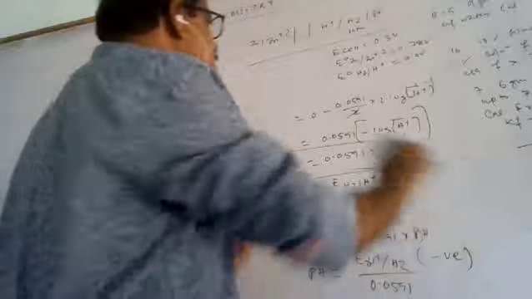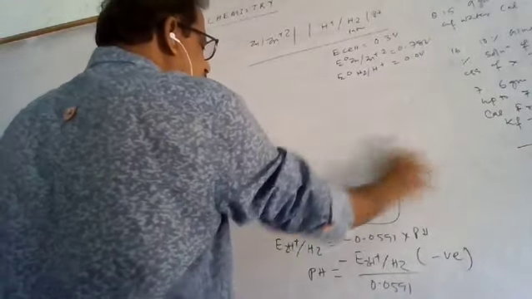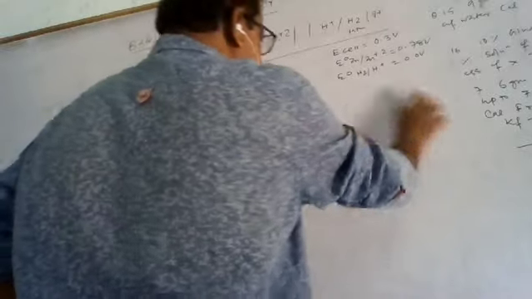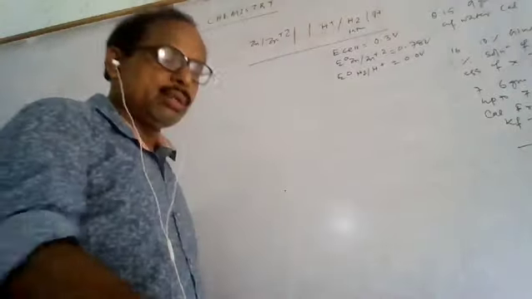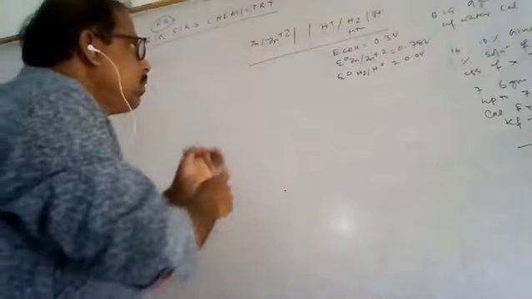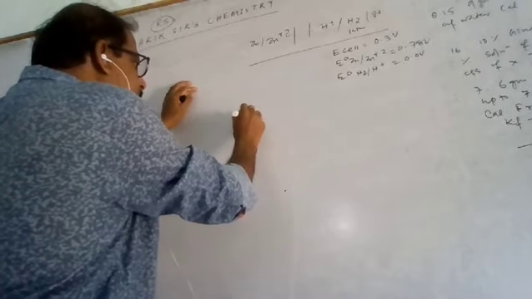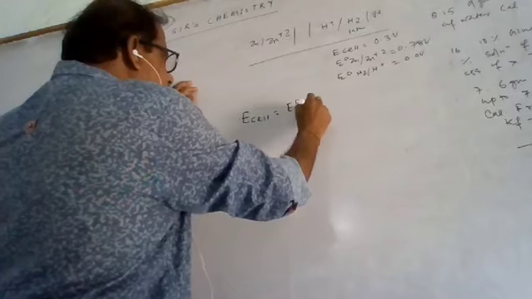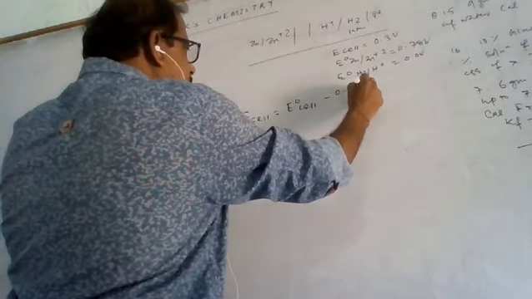Suppose the question asks, what is the pH of the solution here? You have to write the Nernst equation: E cell is equal to E naught cell minus 0.0591 by n.